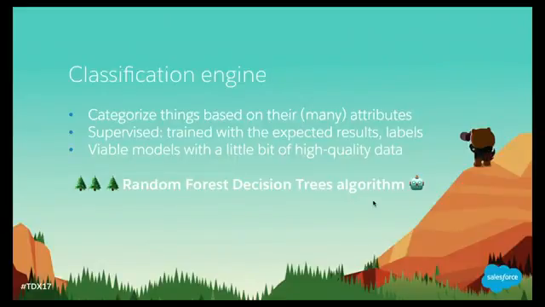But the smartness of an engine like this, the random forest decision trees algorithm in this case, is that after you've trained it, it's going to be able to answer these questions for data that it hasn't seen before. So you train it, but then it will figure out how to answer questions for combinations of properties it hasn't seen before. The beautiful thing about supervised training is that you can build a viable model with a small amount of data.